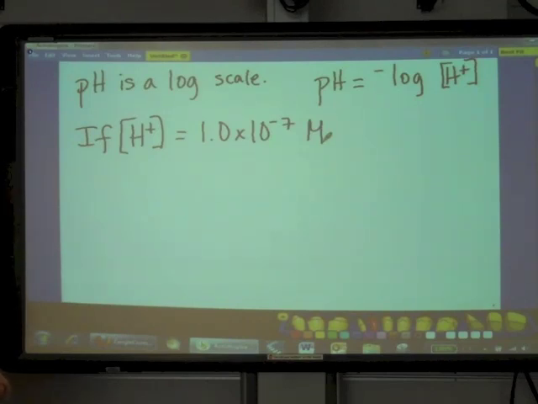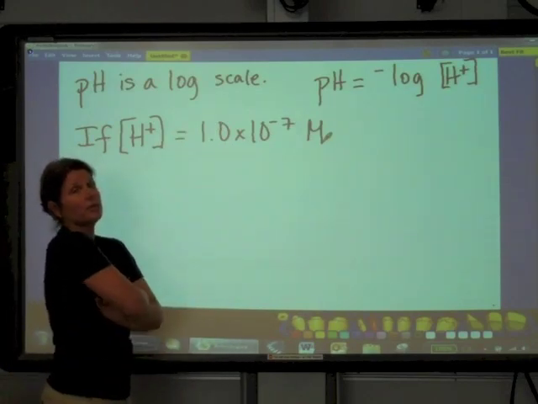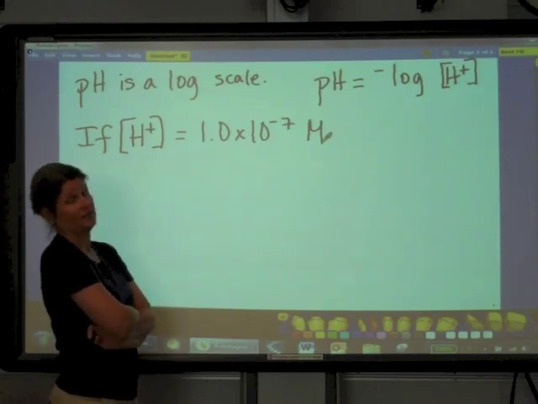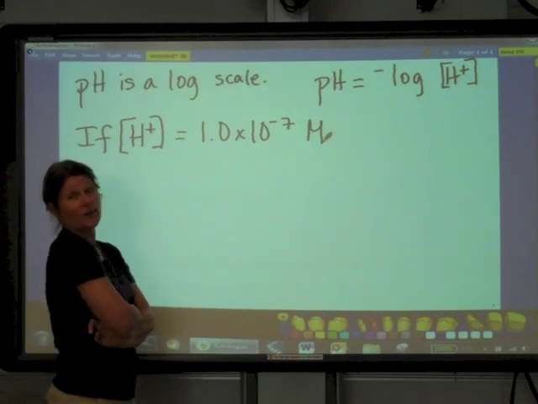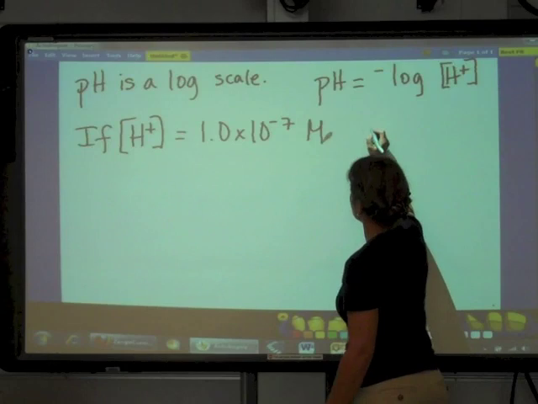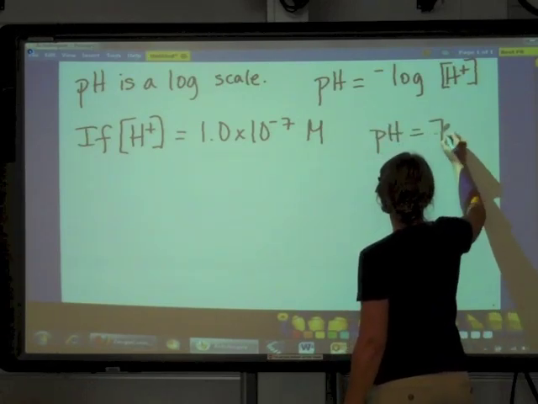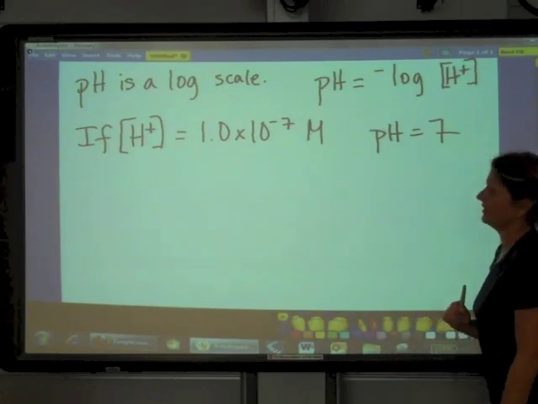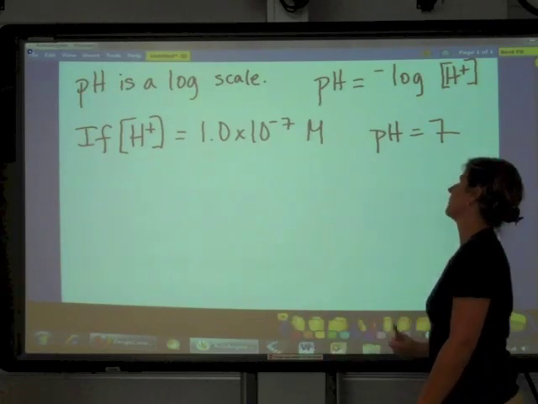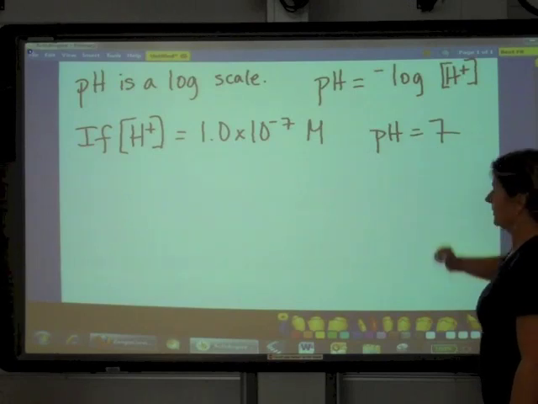Well, we take the log of 1.0 times 10 to the minus 7th, and that will give us minus 7, and then we want the opposite of that, which is 7. So that means in this situation, pH is equal to 7. I would try it right now on your calculator at home. The log of this number and the opposite of it is a positive 7.